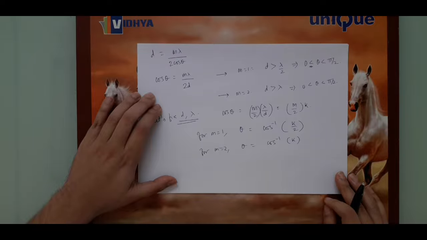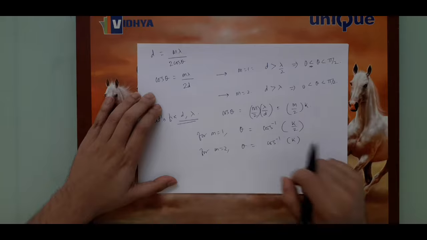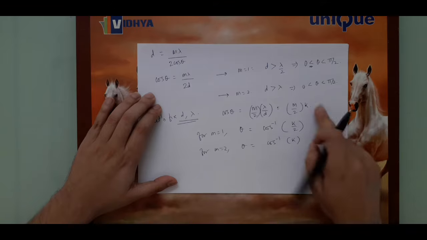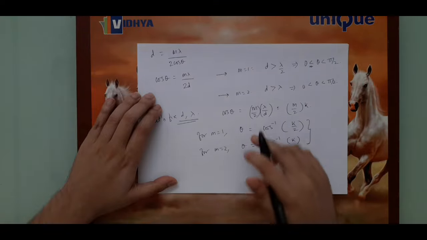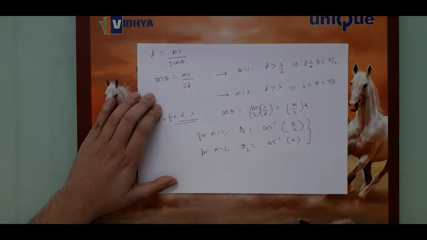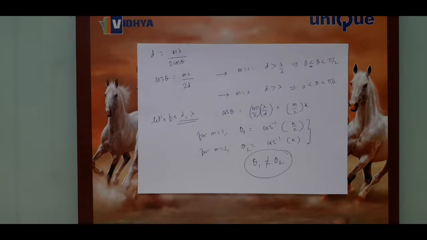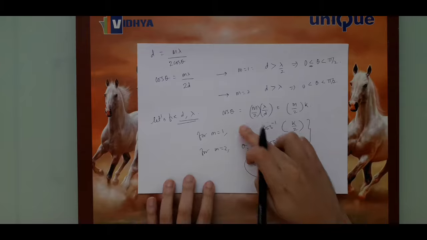So by choosing our theta properly, you can see that for different values of m, there are different values of theta with which the same wave may be launched. So let's take theta 1 and theta 2. Definitely theta 1 and theta 2 need not be the same. So for different values of m, we have different values of theta.